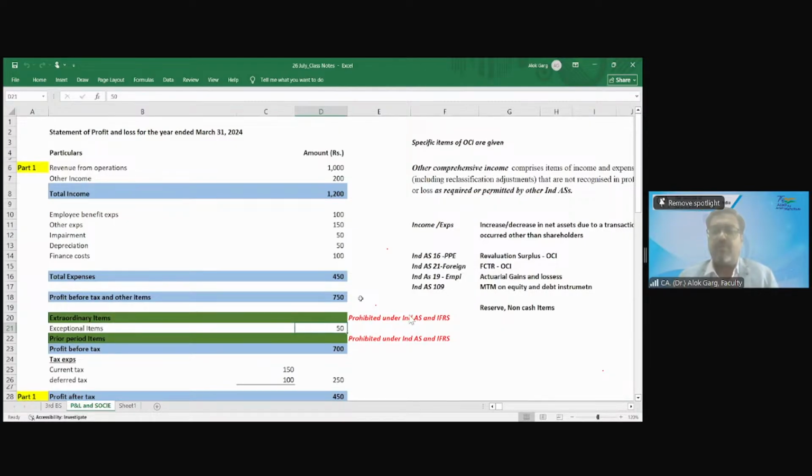You have to correct the error from the date of the error till the opening date of the comparative, and you have to take the impact of the error in the opening balance sheet. This is how your opening balance sheet gets corrected, your comparative gets restated and corrected, and the current year, of course, you will correct. So in Ind AS and IFRS, the treatment is quite stringent, where retrospective calculation and retrospective application is required.